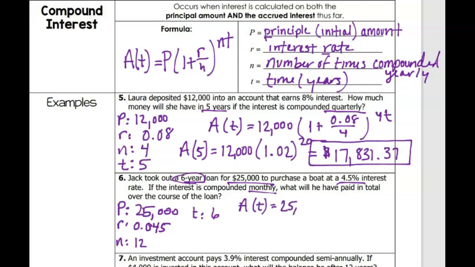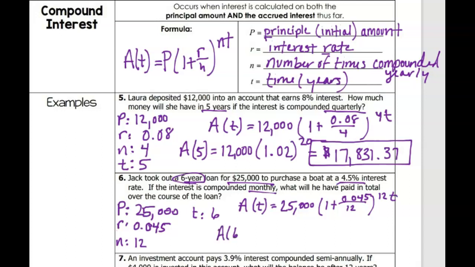So if we write out the formula for this, A is amount for a given time. And if we think about this, we're going to have to take the 4.5% and divide it in 12 equal pieces, because that's monthly. And then you're going to take that 12 times however many years. In this case, it's going to be 6 years.